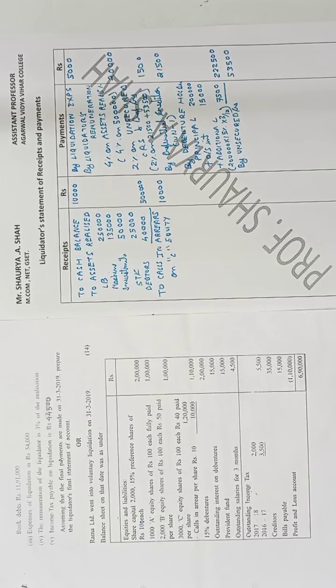It is 2,000 shares of 100 each, that is your 2 lakh rupees, right? So you need to pay to preference shareholders, and the balance, as we solved in the last sum also, similarly we'll be finding the deficiency of capital, which shareholders will be calling and which shareholders will be returning. Fine.